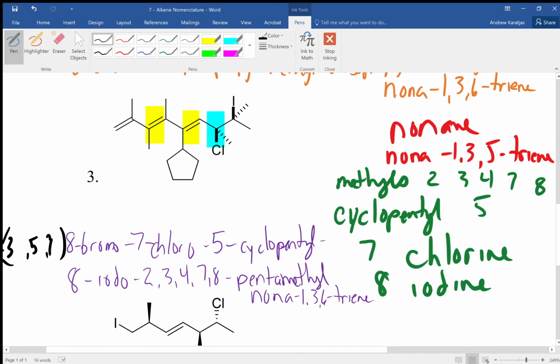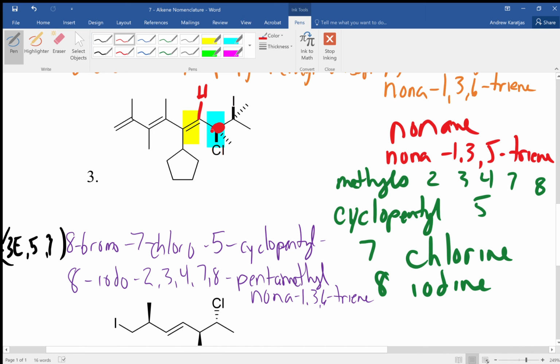So the alkene at 3, on both sides we have a methyl versus a larger carbon group. Higher priority, opposite sides, 3E. At 5, one side of 5 is very easy. We have a hydrogen versus this carbon group.